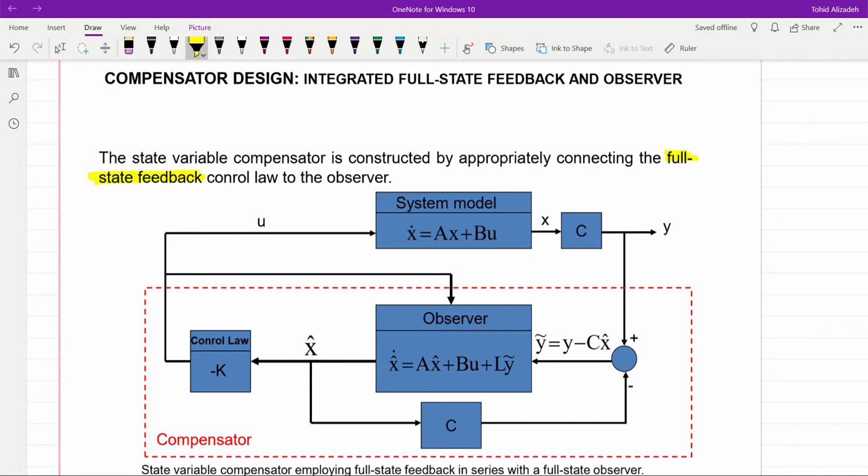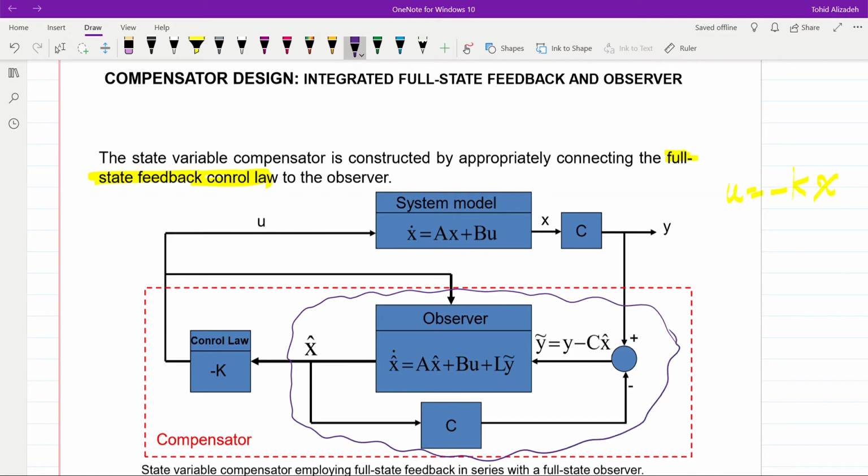For the full state feedback control law, if you remember, we had u equal to minus k times x. And we connected properly to the observer. And for the observer, we have already the block diagram. So here we have the observer, which gives us x hat as an estimate of the x.